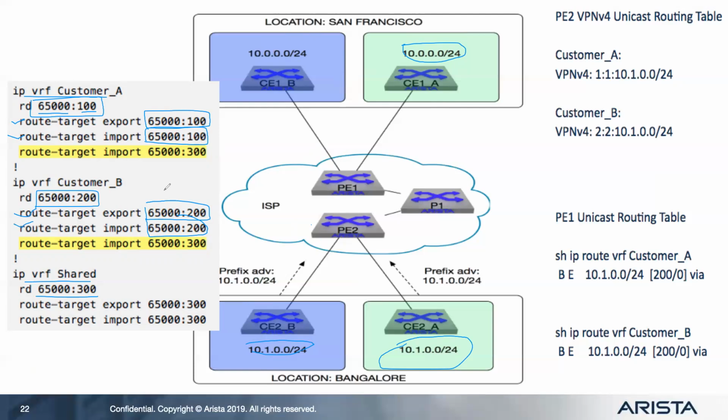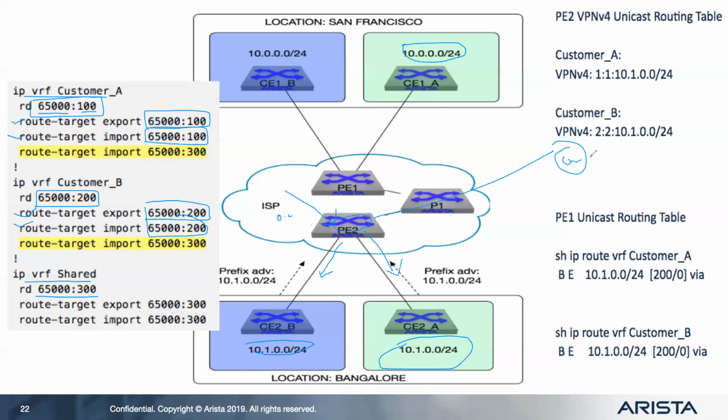Yes. Okay. Now there is one more requirement. There are some routes, you can consider some routes of the internet routing table, let's say the ISP routing table, Internet Service Provider. There are some routes, a default route or any other routes, which the ISP wants to advertise to both customers, routes that are not customer A or B routes. Or you can consider there is one central site where both customers want to communicate.